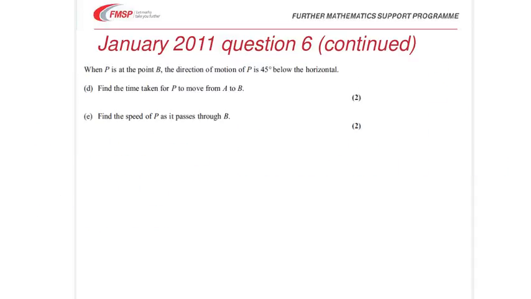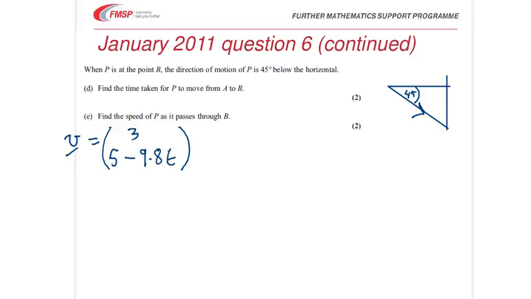Okay, we've got to find now the time taken for it to go to the point B when the direction of motion is 45 degrees below the horizontal. So it'll be moving like that, and that's 45 degrees. At that point, the x component and the y component are the same. Now the expression for the velocity was, and you have to be careful here, just stop and think, 3 for this component, and 5 minus 9.8t for this one.